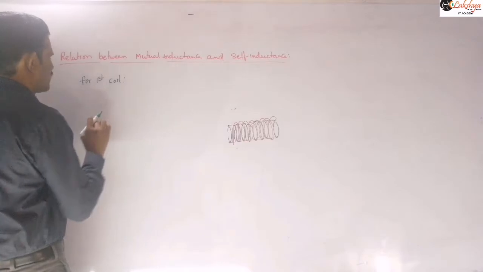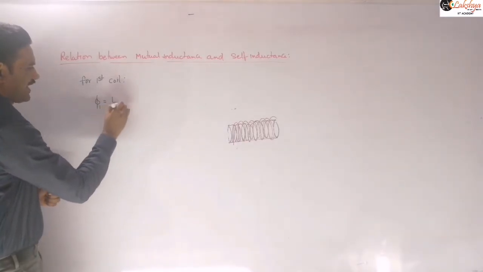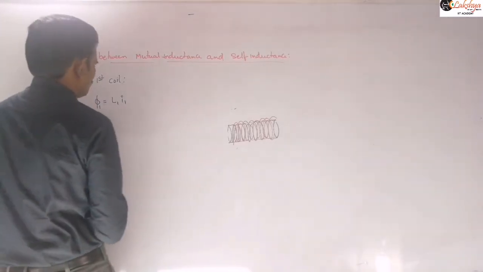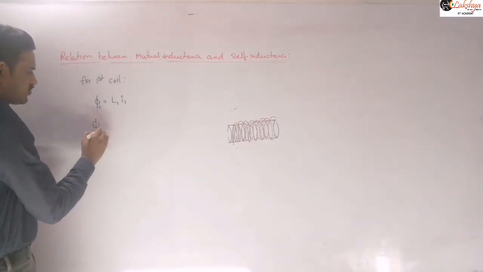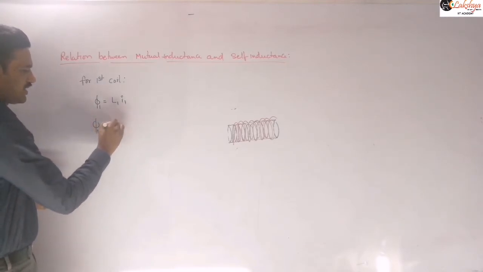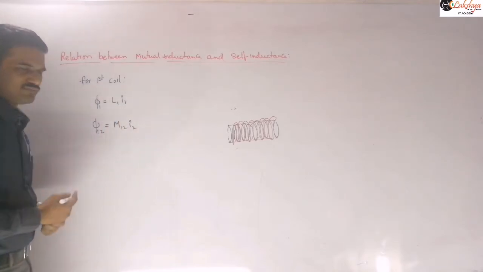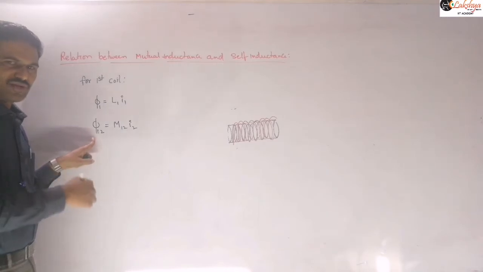For the first coil, the flux passing through the first coil will be equal to L1 into I1 for self-inductance of the first coil, right? And now the flux passing through the first coil due to the second coil, that means phi 12, is equal to M12 into I2.